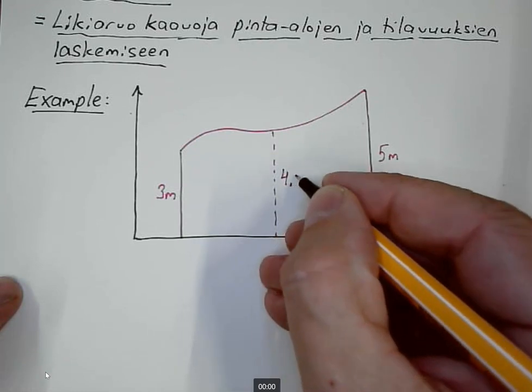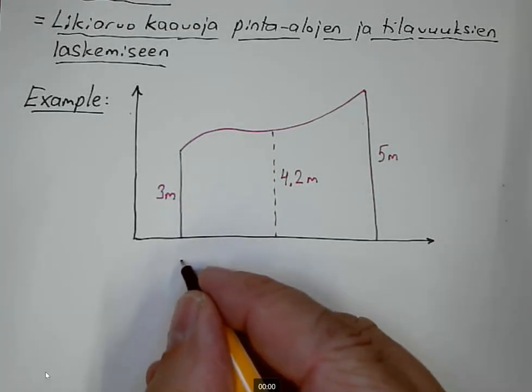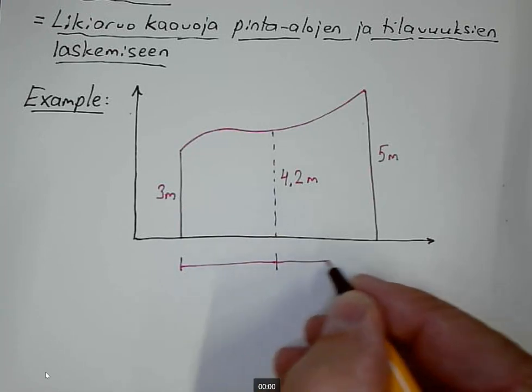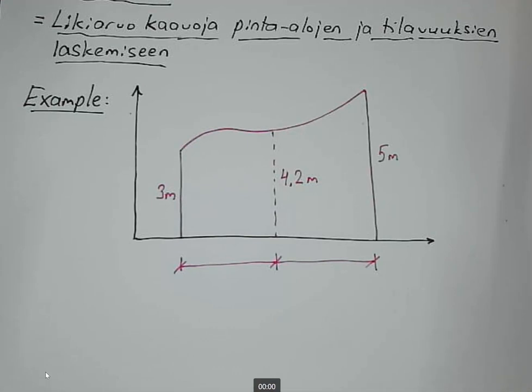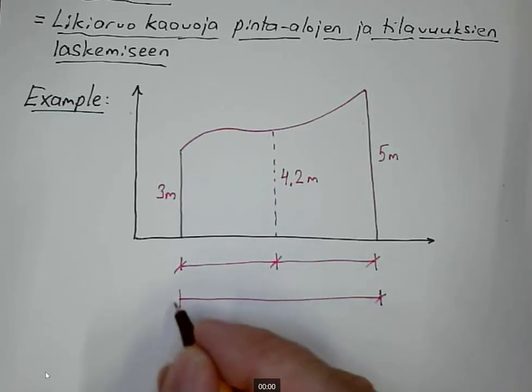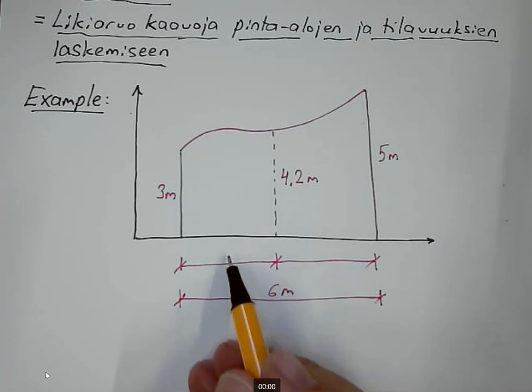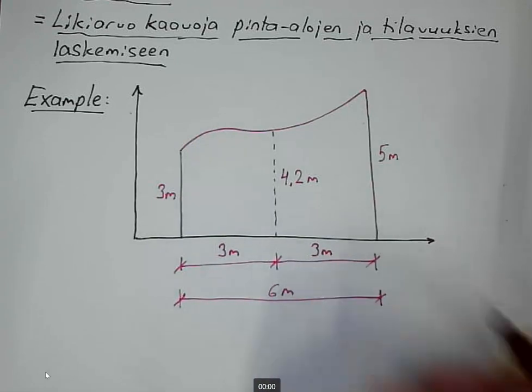It is 4.2 meters. This picture is not necessarily correct, but those measures may be like that. And then we have these lengths here. Those have to be equal, so for example, if this is 6 meters, then this will be half of that, so those will be 3 meters both.